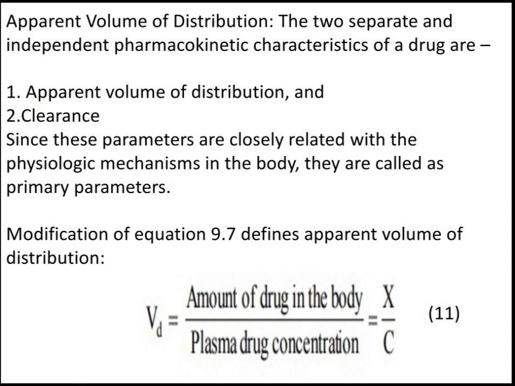Apparent volume of distribution. The two separate and independent pharmacokinetic characteristics of a drug are, first, apparent volume of distribution and, second, clearance. Since these parameters are closely related with the physiologic mechanisms in the body, they are called primary parameters. Modification of equation 9.7 defines apparent volume of distribution. Vd = amount of drug in the body/plasma drug concentration = X/C, equation 11.